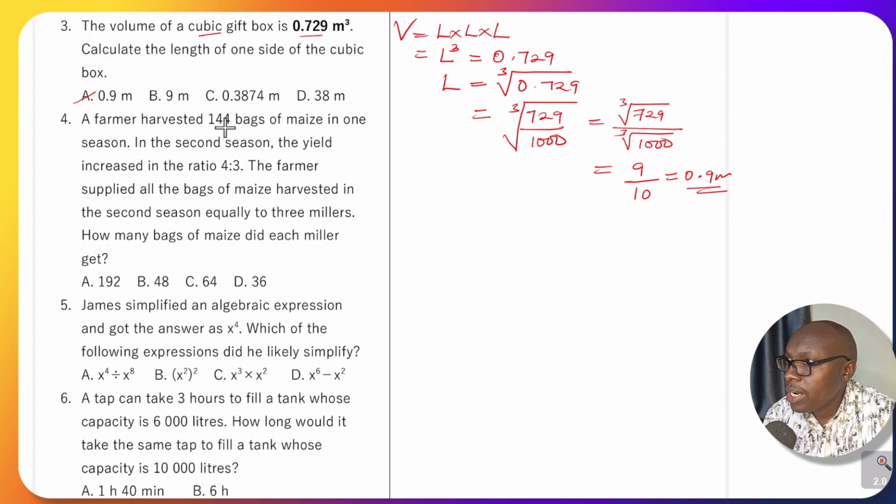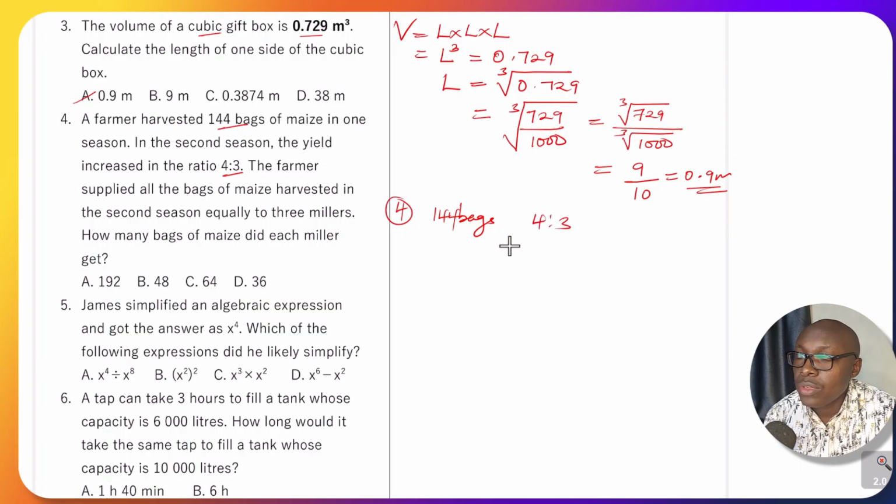So there are 144 bags, and in the second season these bags increased in the ratio 4:3. So you need to get the new number of bags after the increase.